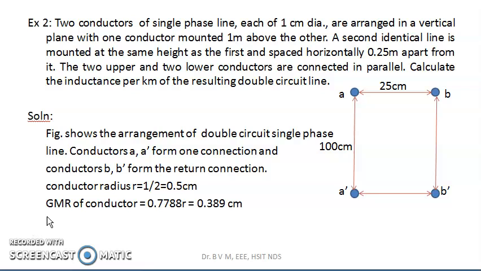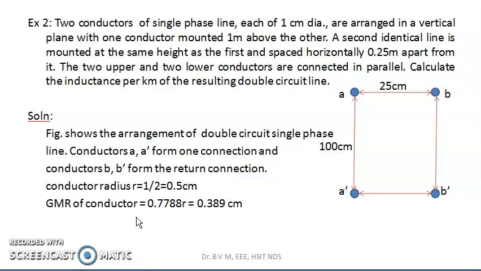Okay, GMR. What is this GMR? If you recall what we have discussed in earlier lectures, GMR is the geometrical mean radius of the conductor, which is also known as self GMD, self geometrical mean distance. This is represented by R dash.